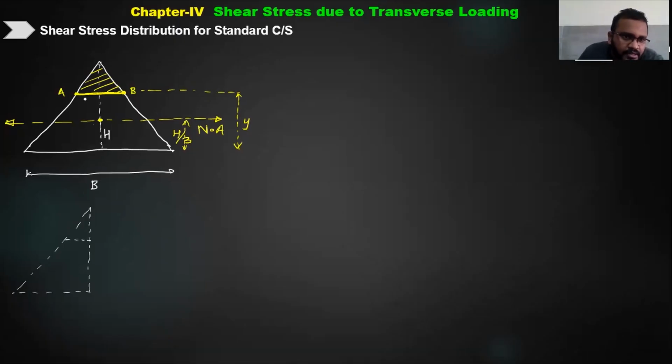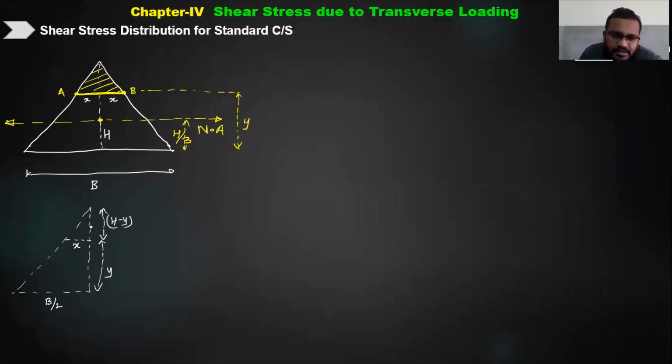Assume that this distance is x and this is also x. So this will be x, this will be b by 2. Now you know that this distance I have assumed as y. So how much will this distance be? This will be h minus y, because the total height was h. So therefore this will be h minus y.